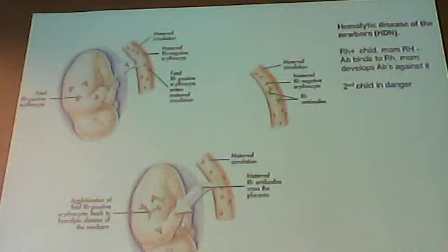Then we've got hemolytic disease of the newborn. So this is a problem if you have an Rh negative mother and an Rh positive child. And so the first child, the blood is separate between the fetus and the mother, so there's no antibodies in the Rh negative mother against the Rh positive factor. But then once the mother has the baby, there's a lot of mixing of blood, and so her negative blood gets exposed to the positive, so she starts developing antibodies against it.